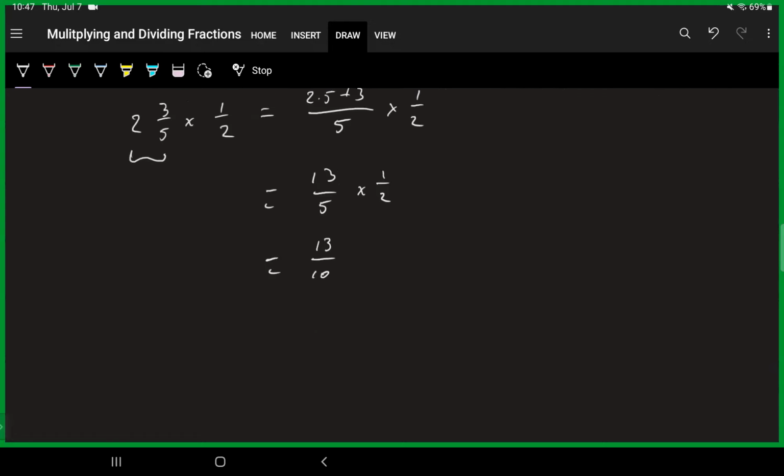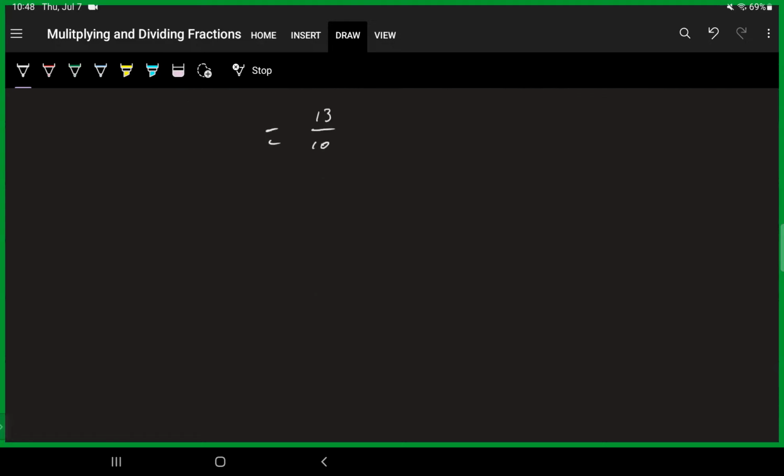Division, we need something a little bit more of a tool here to use because we don't have it yet. And that's the idea of the reciprocal. The reciprocal of a number, if I have 1/2, I flip it and I get 2/1 as my reciprocal. If I have 2/3, 3/2 would be the reciprocal.